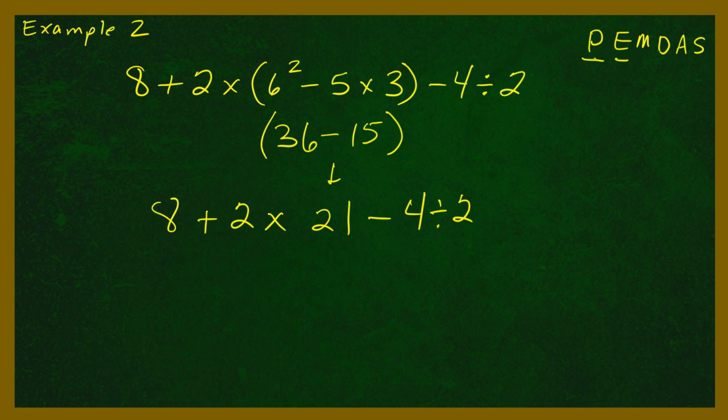Okay, so we've done our parentheses. We had exponents within our parentheses. Now let's take a look at the remainder of the problem. And the next term up we have is multiplication. So we're going to multiply 2 times 21, and that will give us a value of 42.